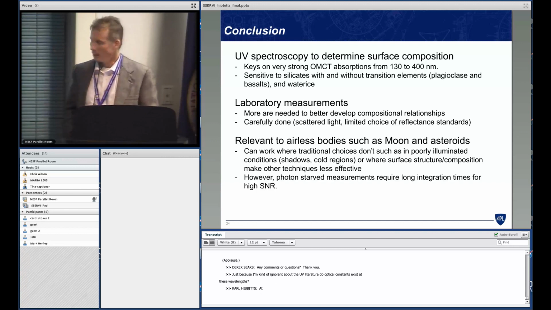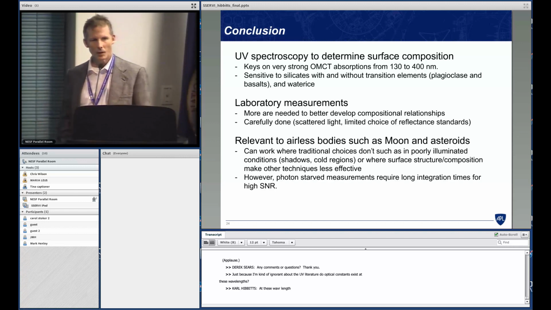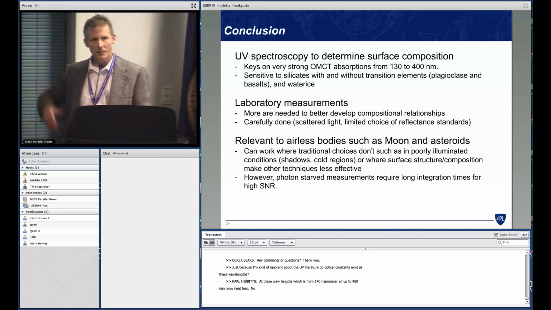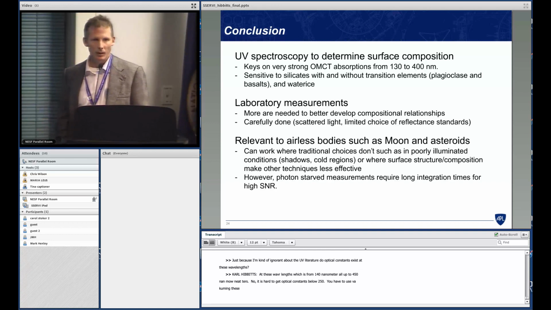Which is basically from 140 nanometers all the way up to 450 nanometers. No, it's hard to get good optical constants below 250 because of the lack of standards, or in transmission, you have to use vacuum UV measurements, so not a lot. Okay. So no, not a lot of optical constants.